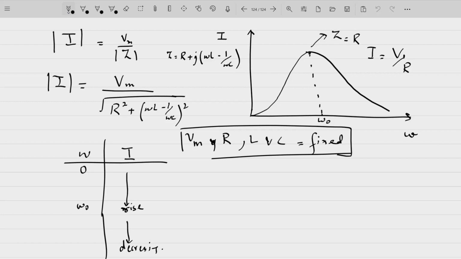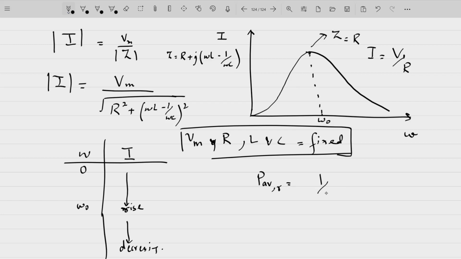Particularly, we have taken a case of a series RLC circuit first. Current will increase, then have a maximum value, and then decrease. Now, what is the value of power at this particular point? At the resonant point, P average, R means the resonant frequency point.